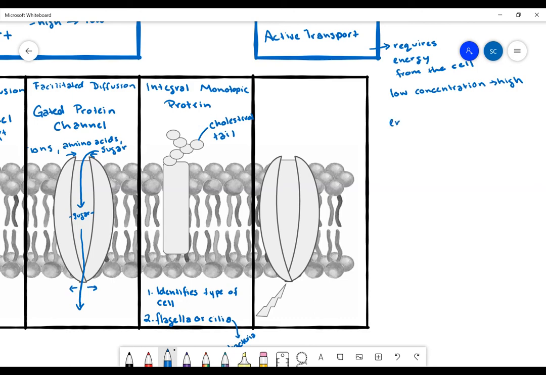That energy comes from a molecule called ATP, okay, or adenosine triphosphate, if you want to use the fancy term. You just need to know that it's called ATP.